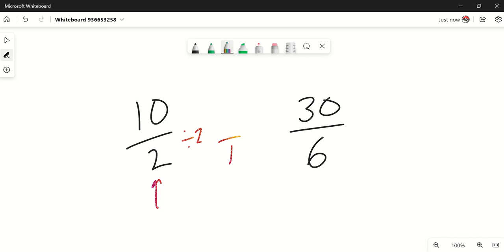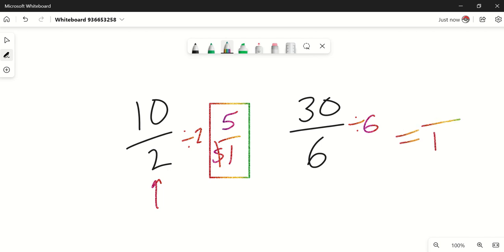If I divide 10 by 2, I'm going to get 5. So therefore, 5 photos cost $1. That is my unit rate. Over here, I'm going to divide both by 6 because I paid $6. This should still equal 5 photos per dollar because 30 divided by 6 equals 5.